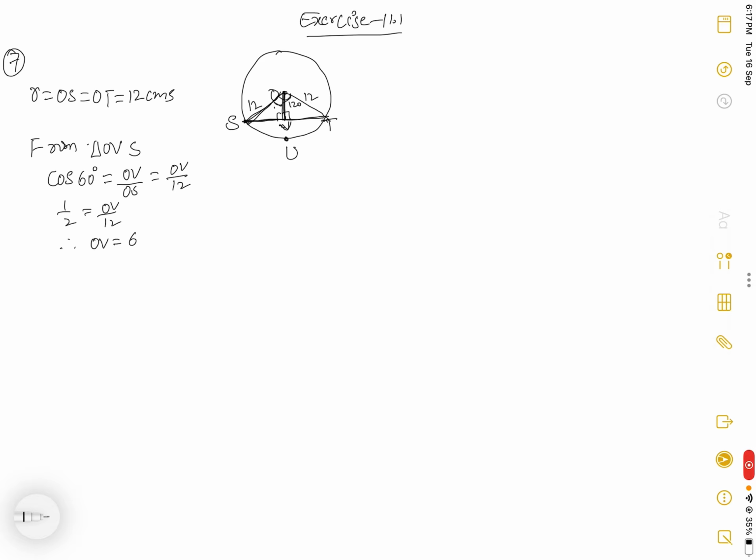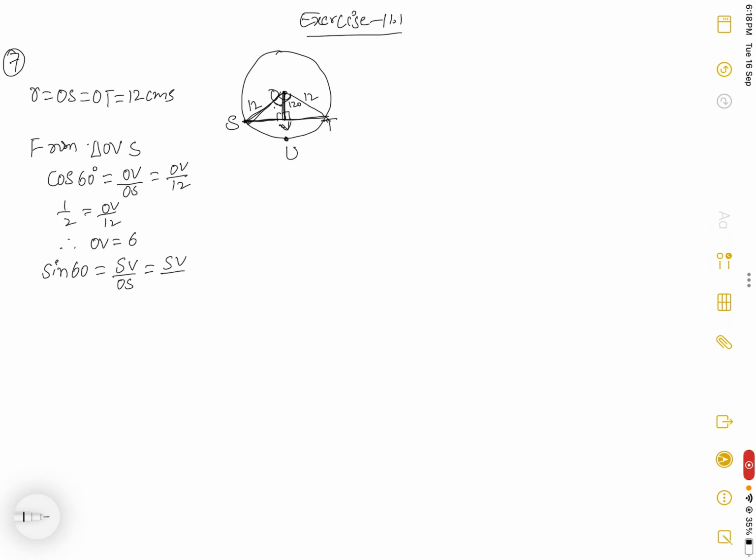Now also I write sin 60 from this triangle. The sin formula is opposite side to hypotenuse. In this triangle, the opposite side is SV and the hypotenuse is OS.